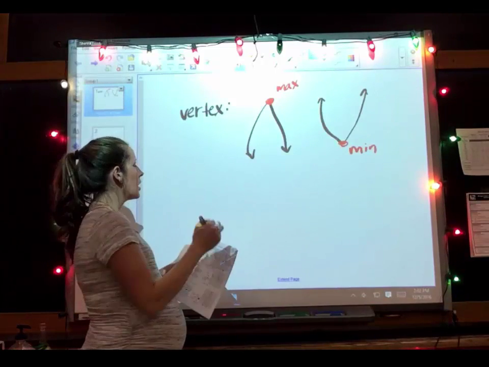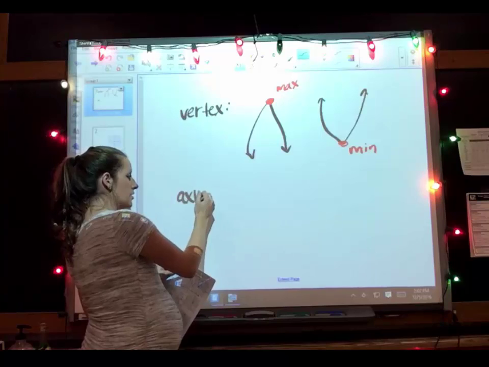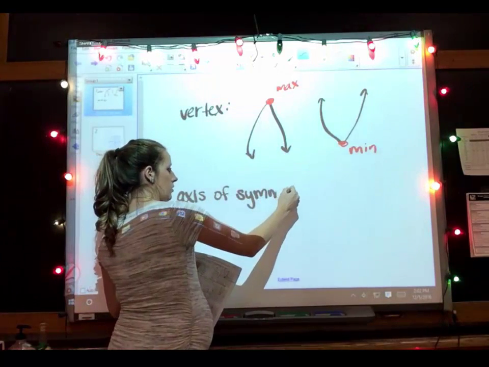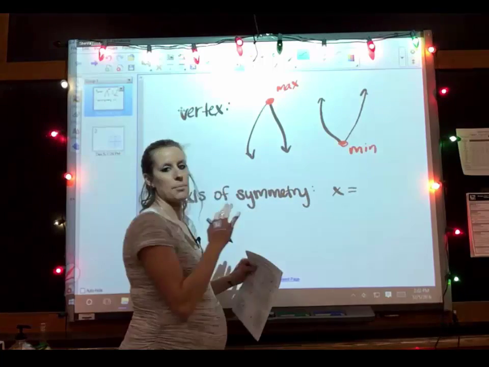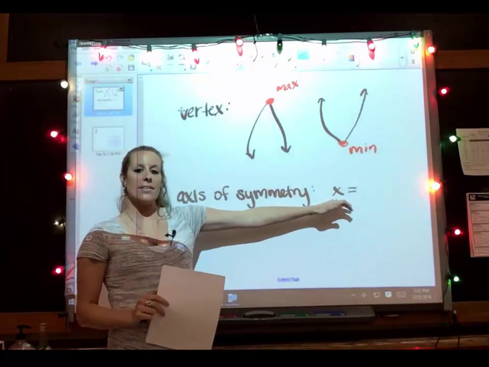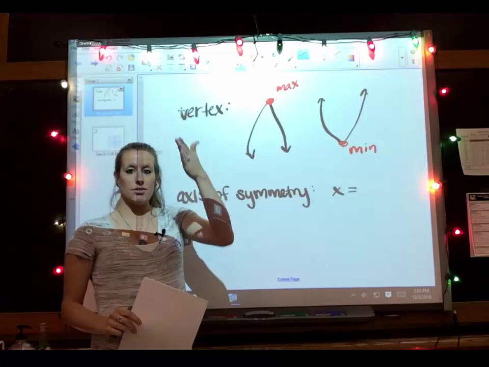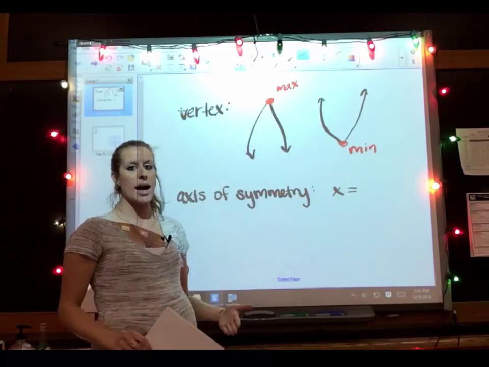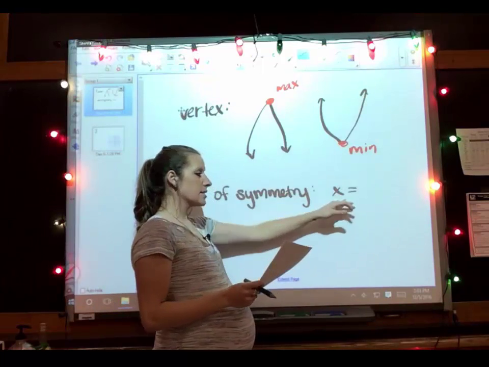Axis of symmetry, we went over yesterday. A little more: axis of symmetry is always going to be x equals something. You have to have x equals, or else it will be wrong, because we're talking about a vertical line, not just a point. We're talking about the entire line. So make sure you have x equals.